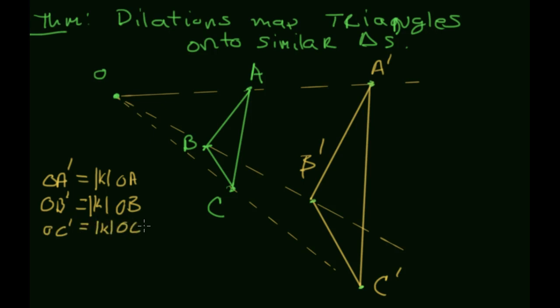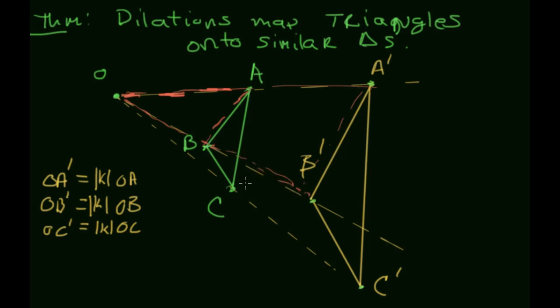Okay, so the second thing here is that if I'm looking at this in the right way, there are 3 sets of similar triangles here. So this red one is similar to the big red one.